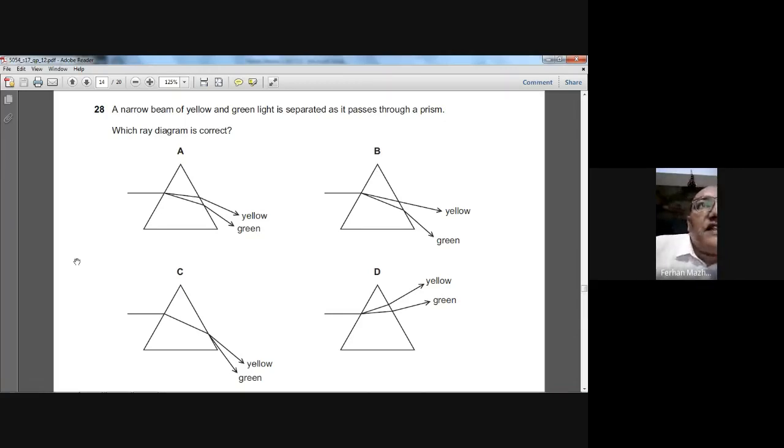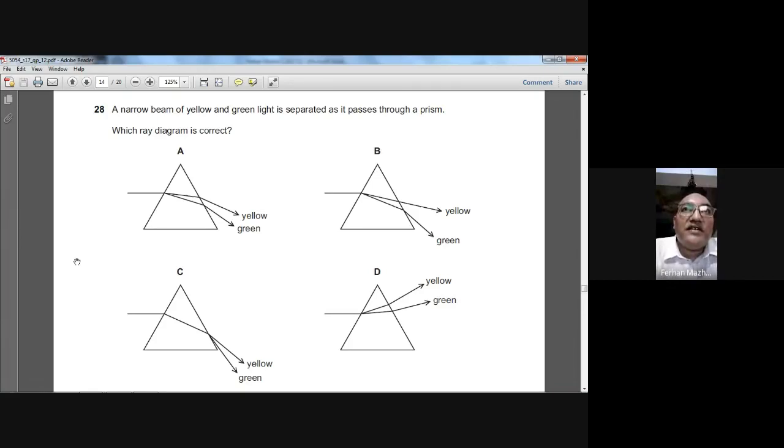Next thing is, when the light splits, we know the code word for the spectrum of light, that is ROYGBIV. So the yellow color should be above the green color. So either it is A or B or D. B can be rejected.